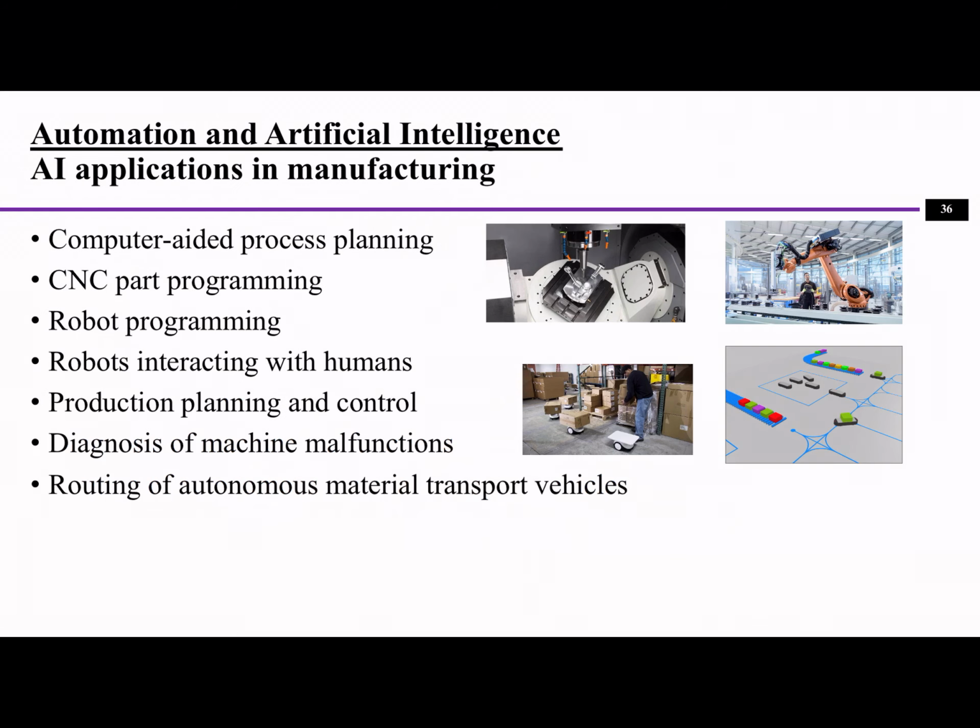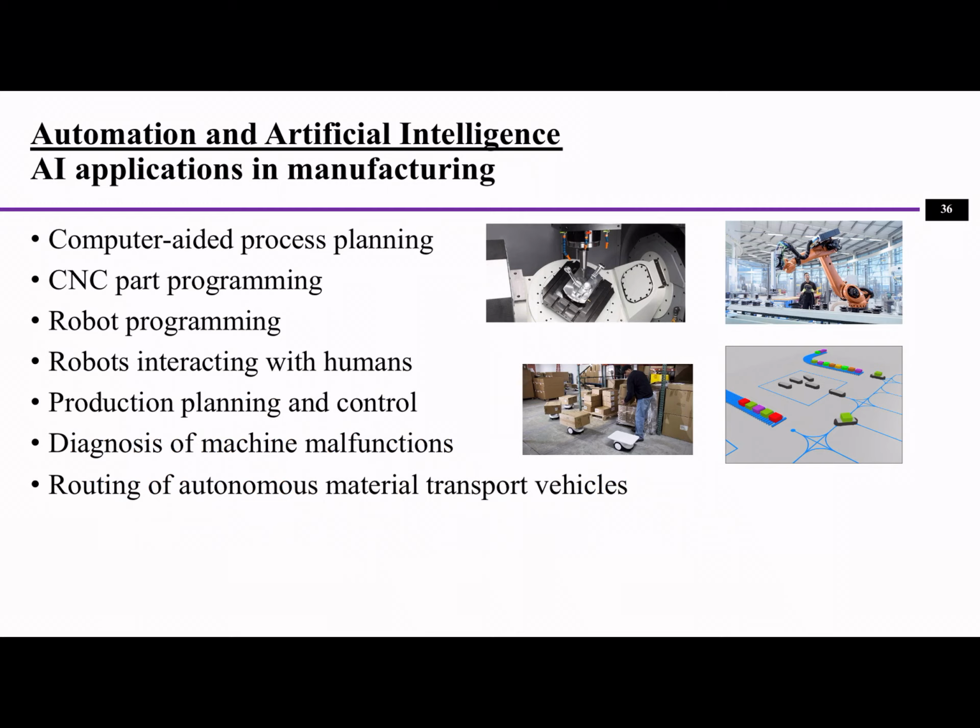Some of the applications in manufacturing AI include computer-aided process planning. For example, maybe in the future, when we have one product with a shape and material, it can automatically program everything for you in the machine. You just need to load the part, and that's it.